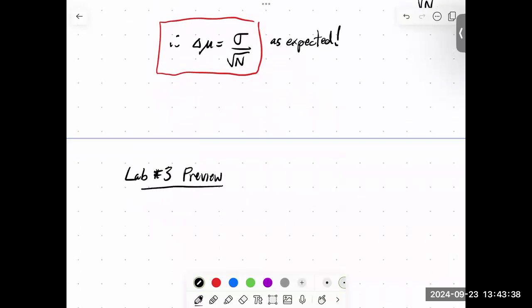What we're going to do in lab 3 is you're going to measure an RC circuit. We solved that differential equation that describes the RC circuit.